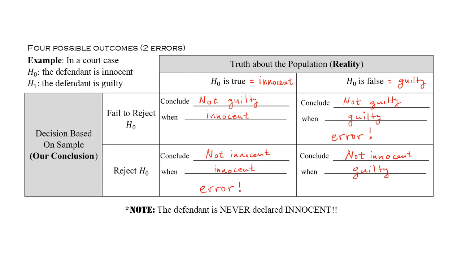Versus this error here, where in a sense you're letting a guilty person go, but at least nobody is necessarily harmed here, other than the fact that you're letting a guilty person go. So maybe that guilty person would go on to do more crimes in the future. So depending on how you interpret this, you could consider one of these errors more serious than another.